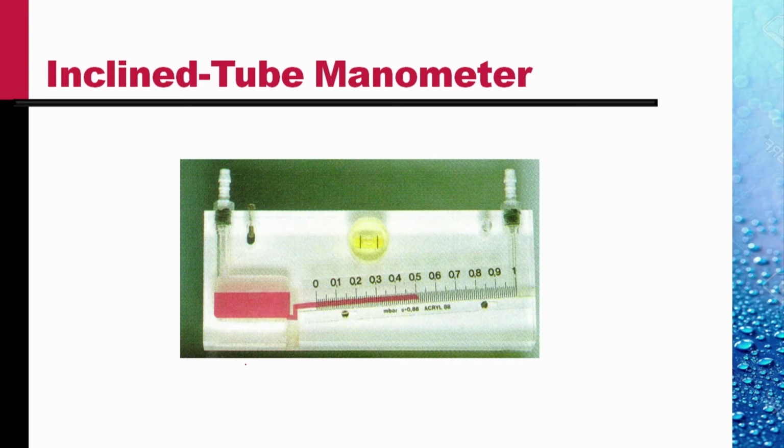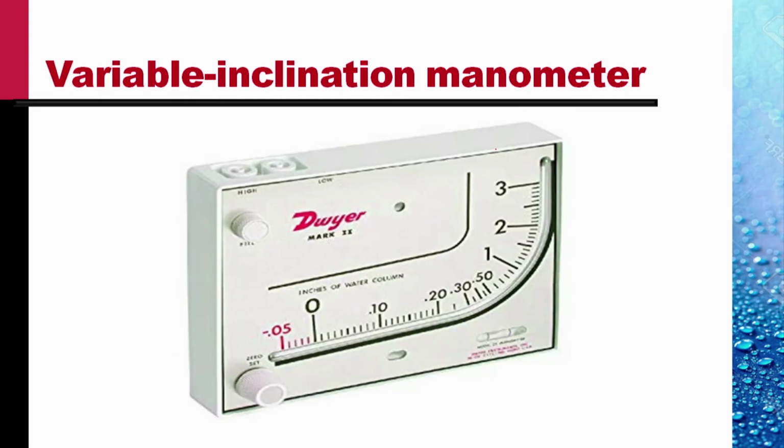This is a commercially available inclined tube manometer in which the two pressures are connected at this nozzle and in this nozzle, and it measures the difference along the scale shown. This is another inclined tube manometer in which the inclination is variable. The errors in very low measurement of liquid heights are very large compared to errors in the larger height.